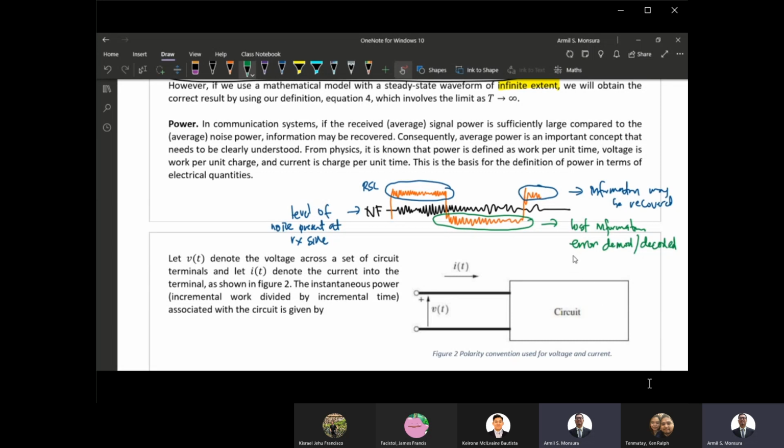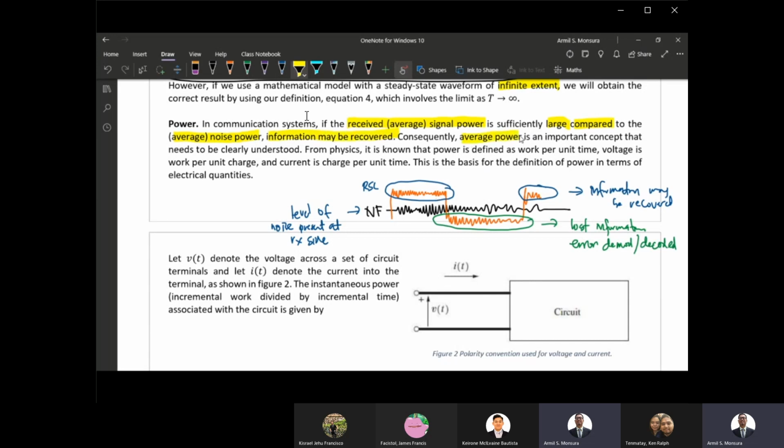Therefore, the information embedded on those segments of your waveform whose level is below the noise level at the receiver side would now be lost. So that's our general rule of thumb: if the received average signal power is sufficiently large compared to the average noise power, information may be recovered.